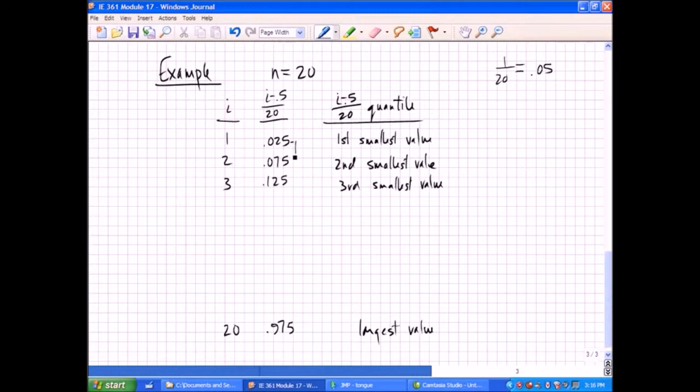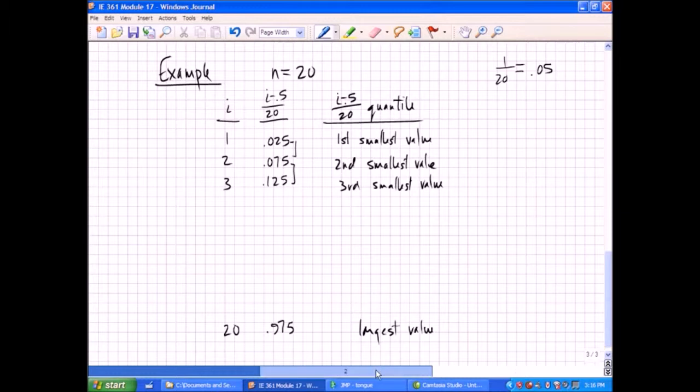The difference between these successive values here are exactly 0.05, and I'm just going to say that the smallest value is the 2.5% point of the data set. The second smallest value is the 7.5% point of the data set. The third smallest value is the 12.5% point of the data set, and so on.